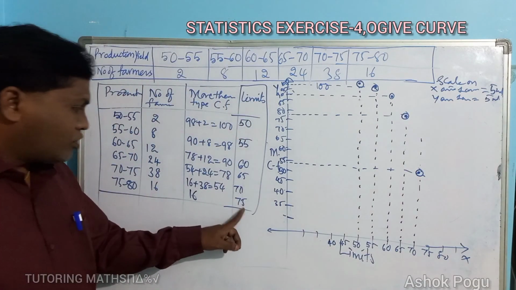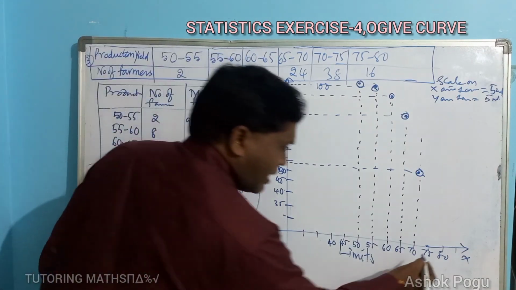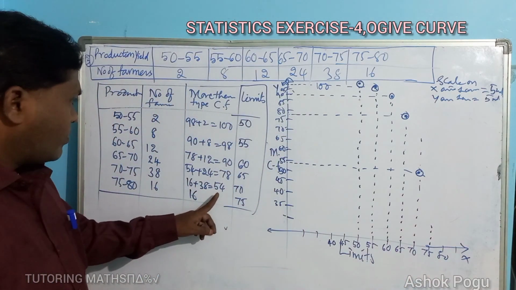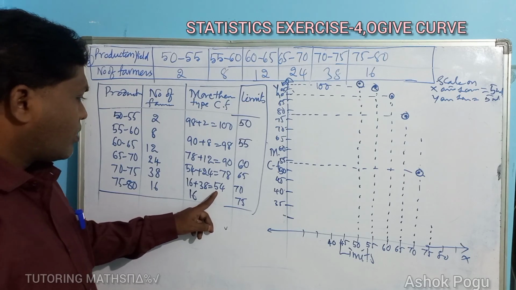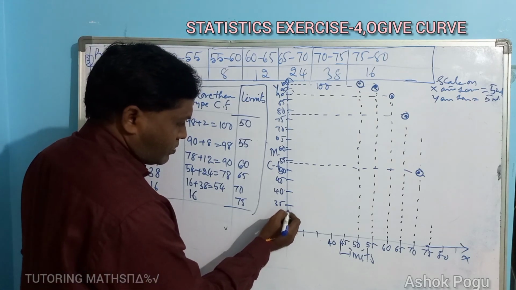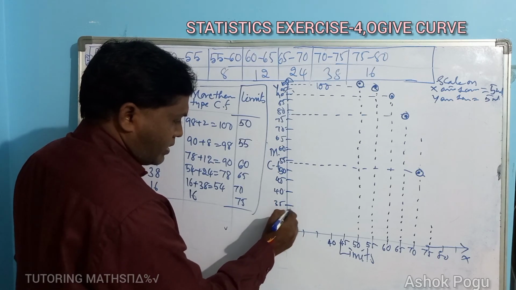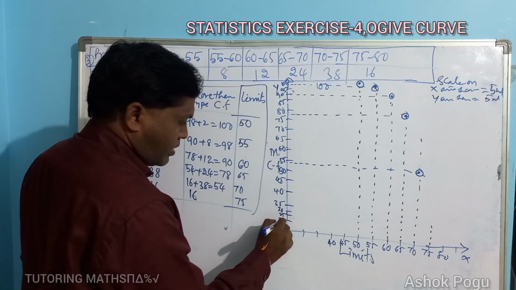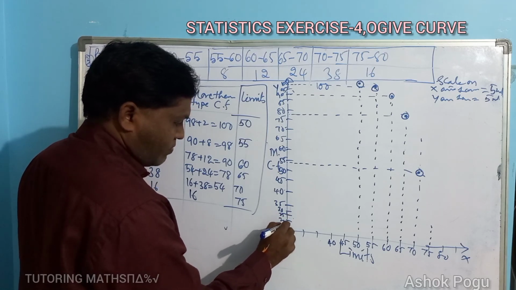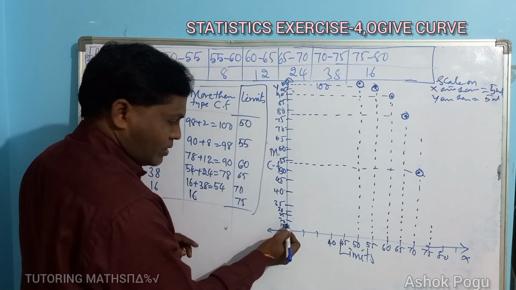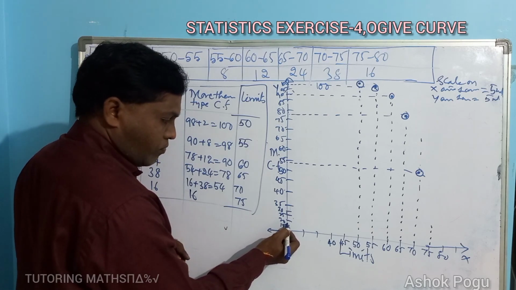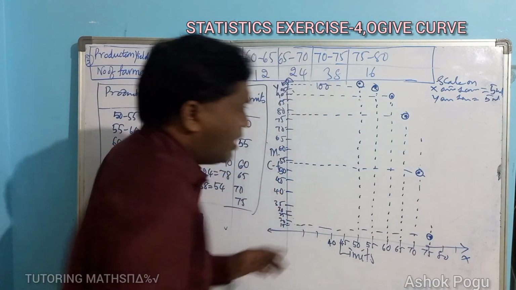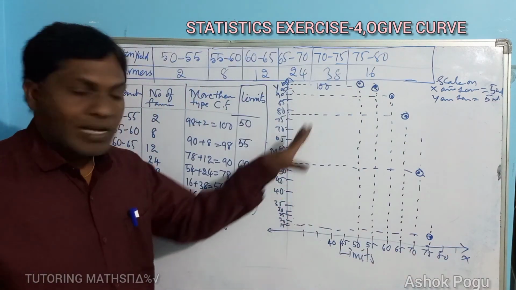And the last value 75 gives 16. Above 15, first 2 lines. Then here you can find it. So these are the values plotted on the graph paper.